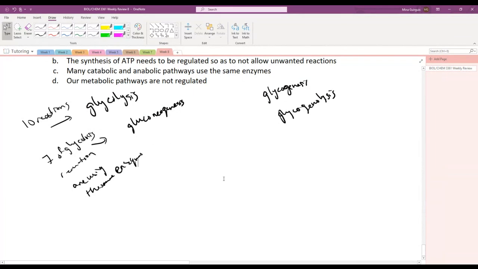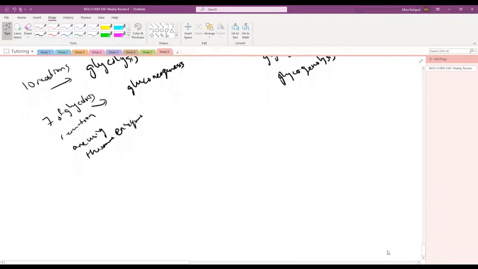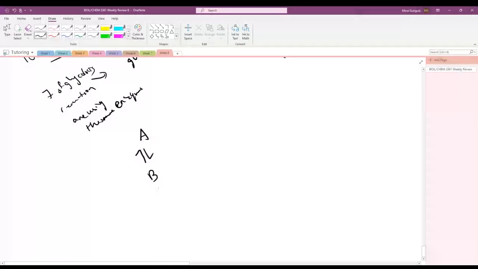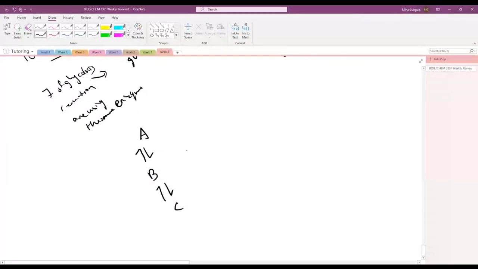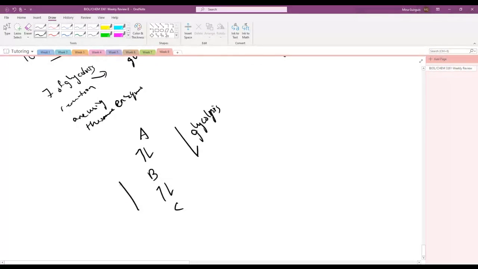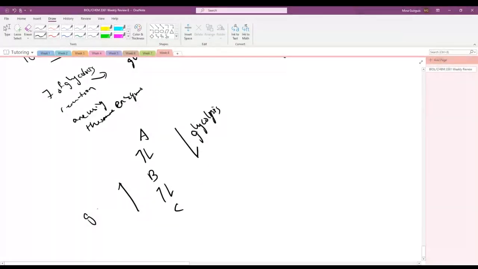In other words, my glycolysis, so A, B, C, and so on, this side could be glycolysis. This side could be gluconeogenesis.